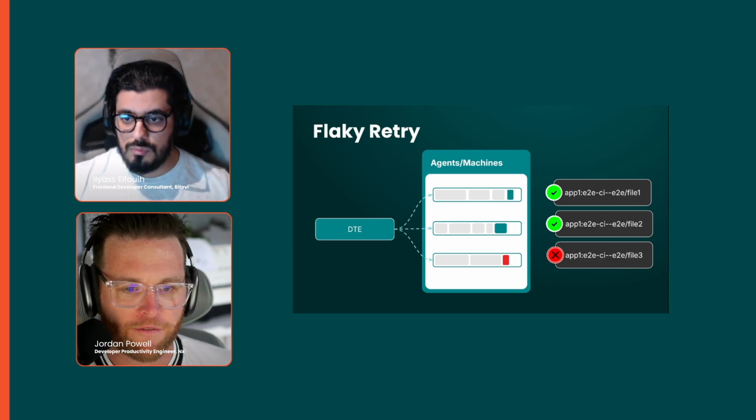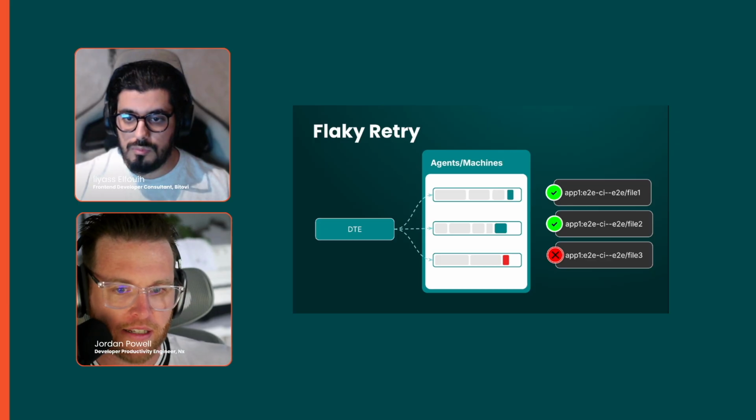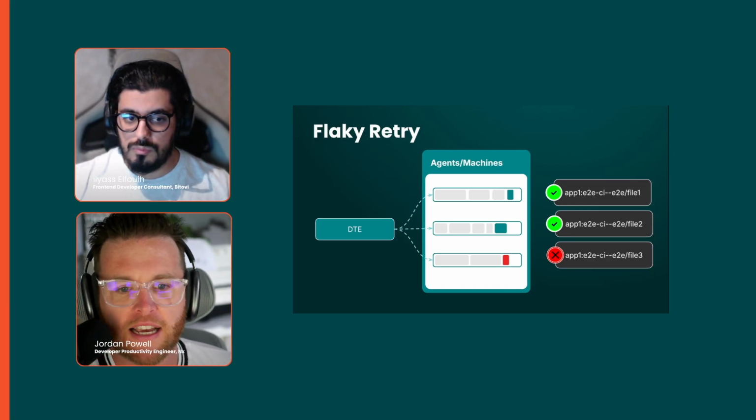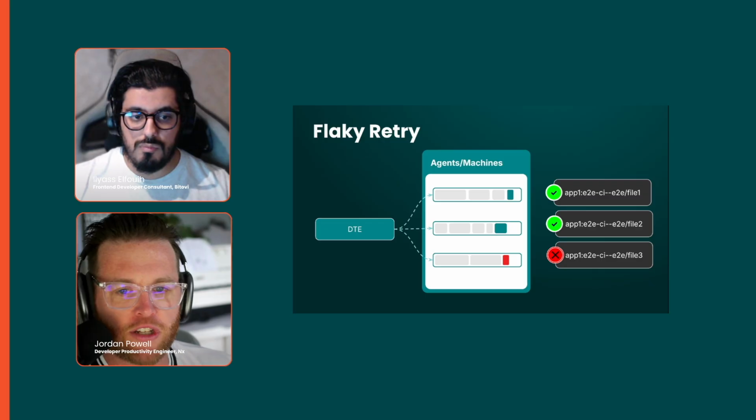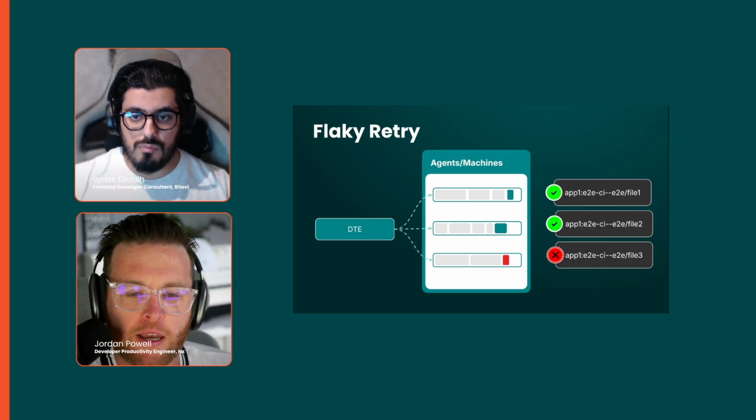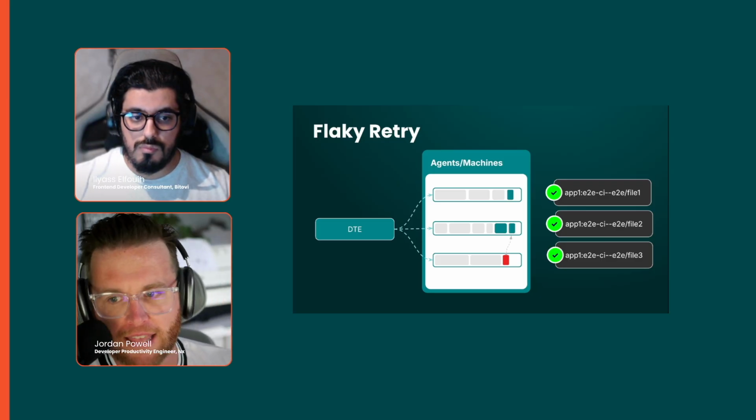But instead of failing our entire CI run, Nx Cloud can determine that this is a flaky task. Instead of failing your CI run, it can pass this to another one of your agents and rerun it. In this case, we pass it from agent number 3 to agent number 2, and it reruns, and now that file passed.